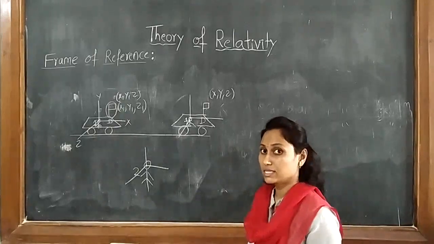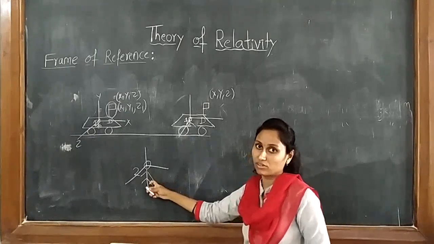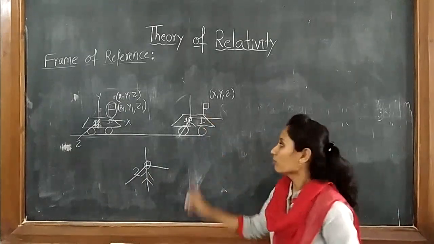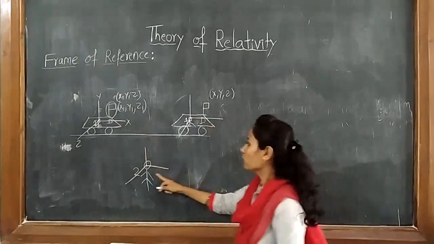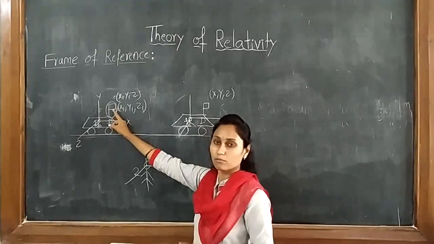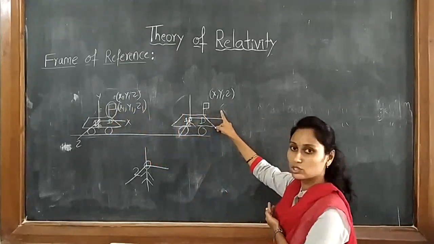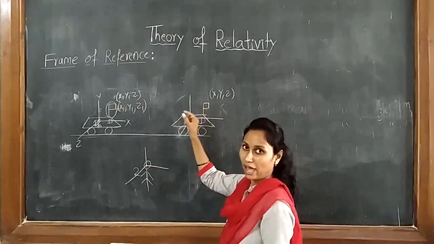But at the same time, according to the second person, the second frame of reference, what will he get? Will he get the coordinates x1, y1, z1? No, because according to this frame, starting it is here, but when it is moving, it reaches here. So according to him, the position of the flag is changing.